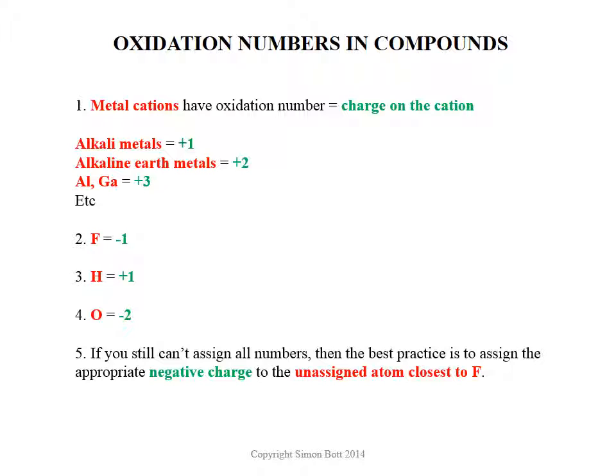It might be a real anion, it might be a fake anion, and when you've done that, you should be able to take care of any unassigned atoms. We'll do an example of that in a minute because I know that it sounds a little bit weird. But anyway, let's do some examples generally.